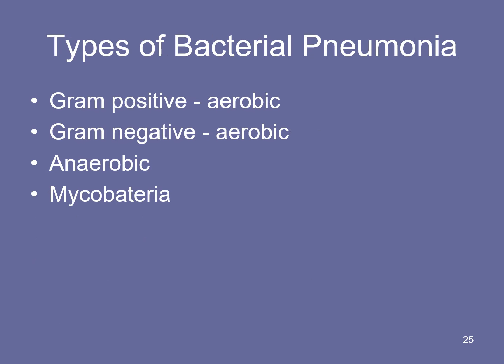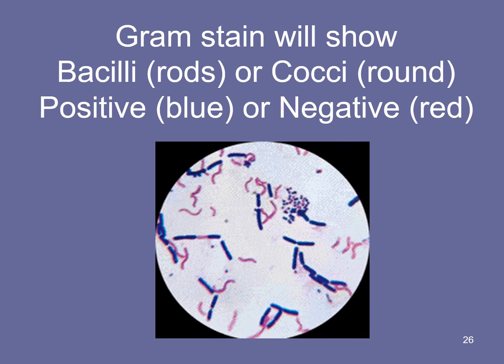So types, broadly speaking, of bacterial pneumonia: gram-positive aerobic, gram-negative aerobic, anaerobic, and then the mycobacteria that we were alluding to earlier on. So when you hear the laboratorians talk about what the gram stain will show, you have gram positive rods, gram negative rods, whatever.